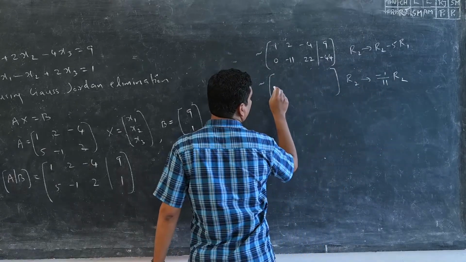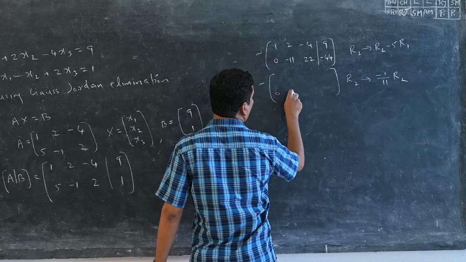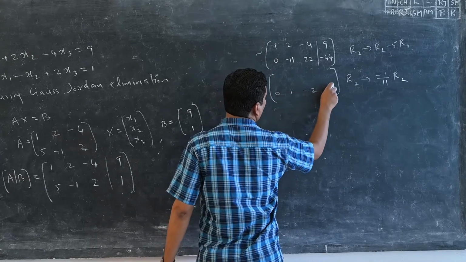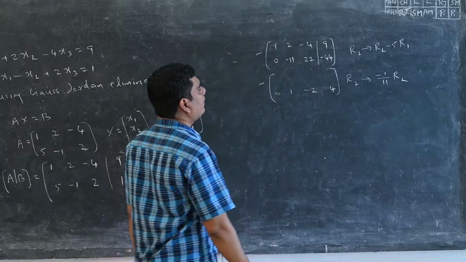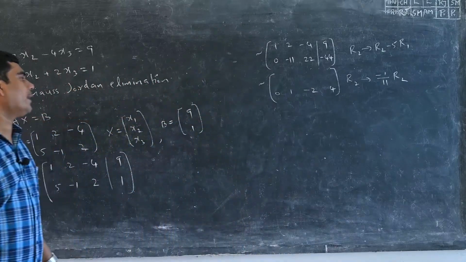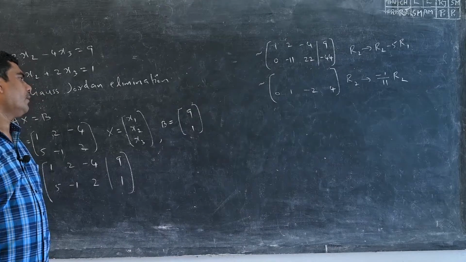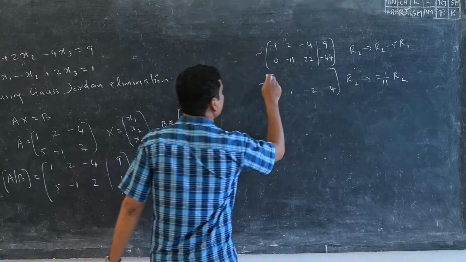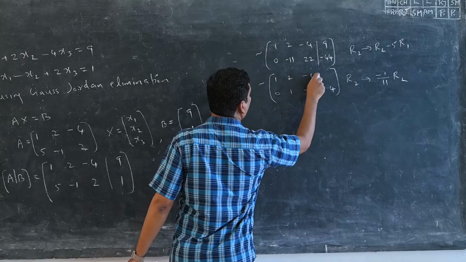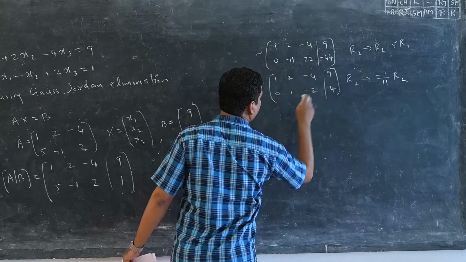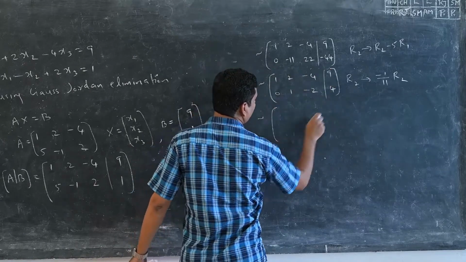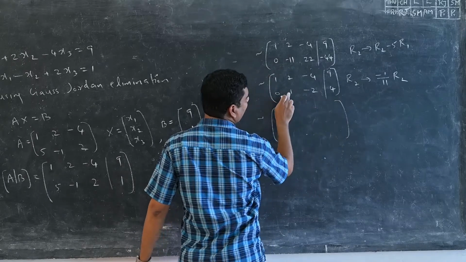So this is 0, 1, minus 2, 4. Divide the second row by minus 11. First row is 1, 2, minus 4, 9. Now we have made this element 1.